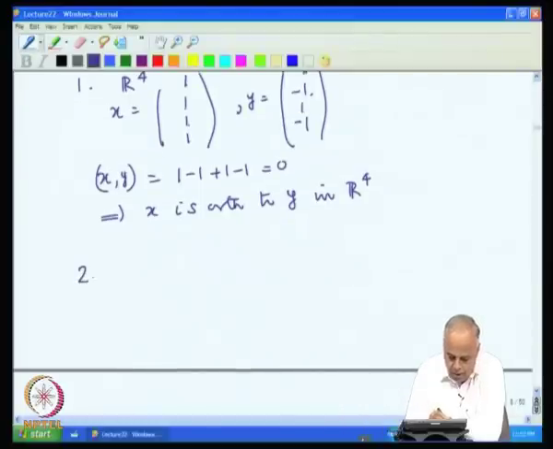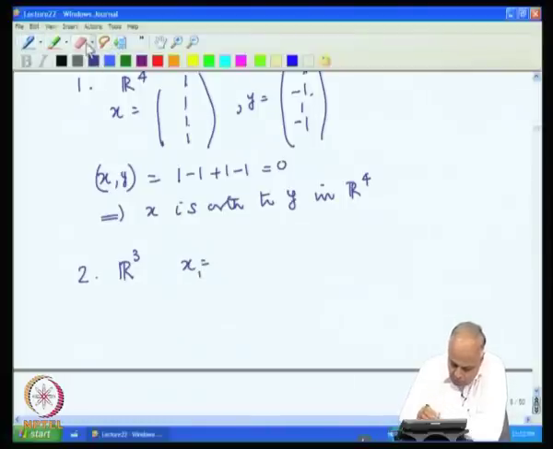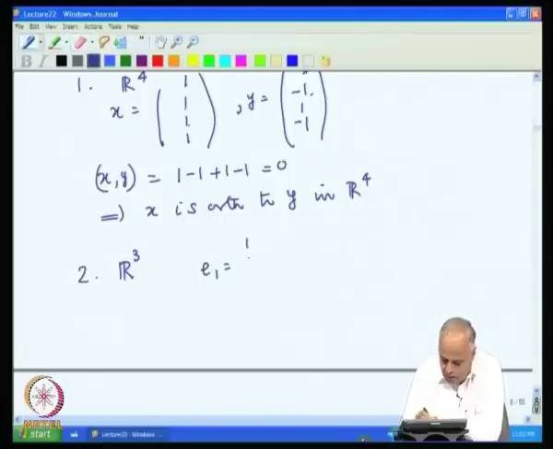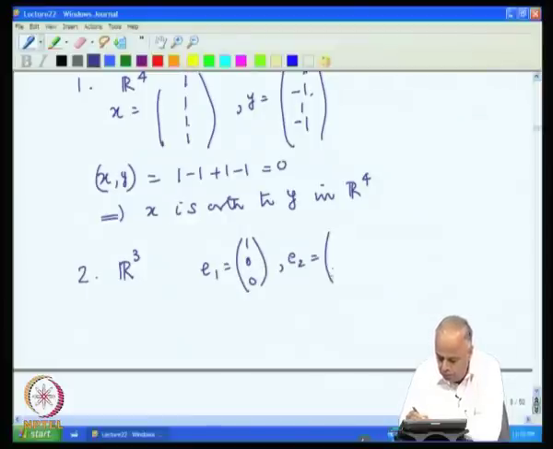Let us look at another example. Let us look at R 3 and let us use a standard symbol. Let us call it E 1 which is (1, 0, 0), E 2 which is (0, 1, 0), and E 3 which is (0, 0, 1).